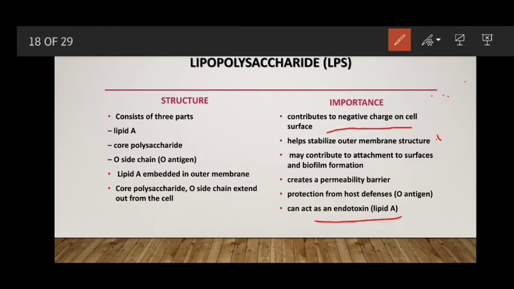LPS also plays a role in protecting pathogenic gram-negative bacteria from host defenses. The O side chain of LPS is also called the O antigen because it elicits an immune response. This response involves the production of antibodies that bind the strain-specific form of LPS that elicited the response.